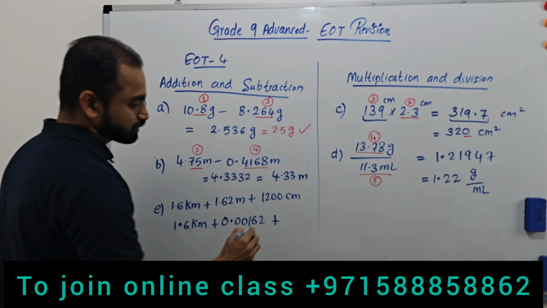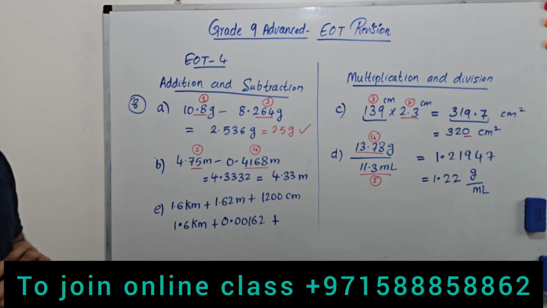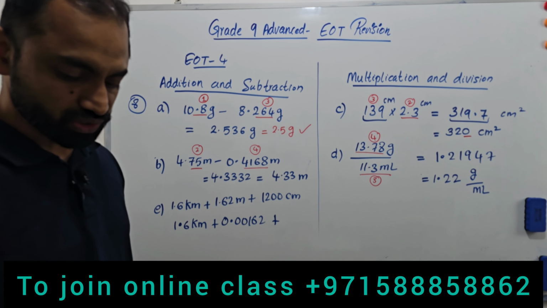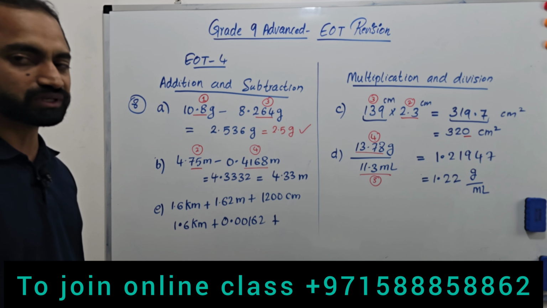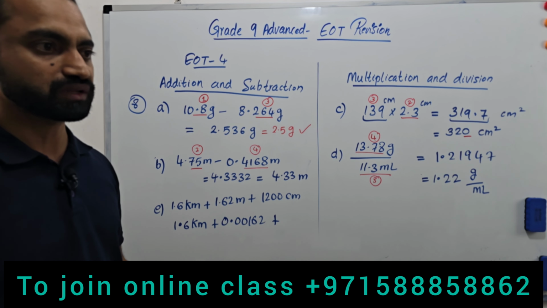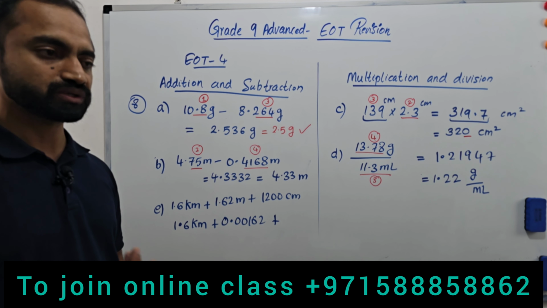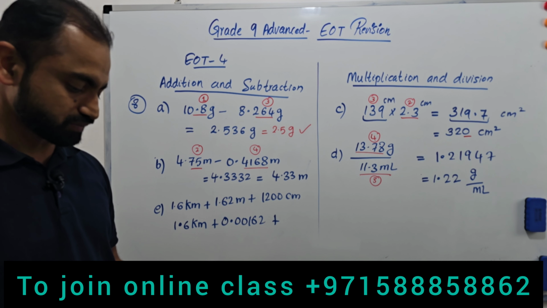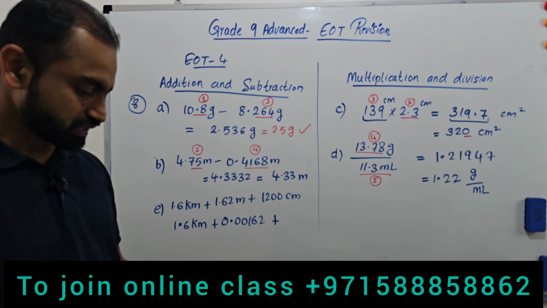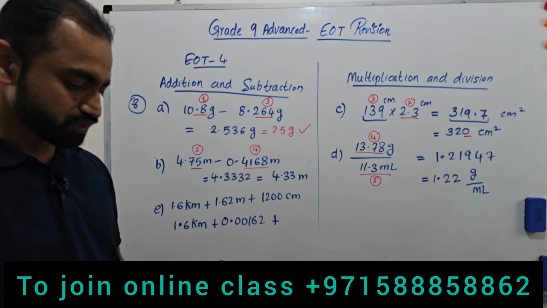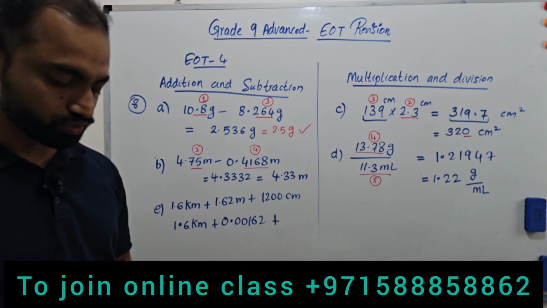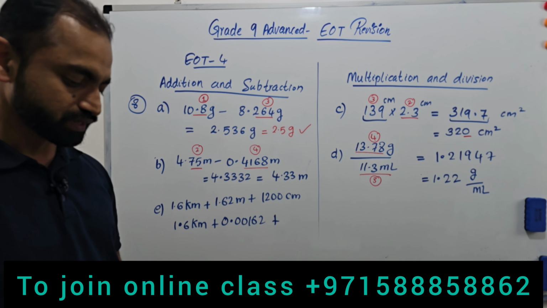Plus 1200 centimeter, that also we need to change into kilometer. How to change centimeter to kilometer? Centimeter to meter divided by 100, meter to kilometer divided by 1000. So first I will change 1200 divided by 100, so it will change into meter, 12 meter.